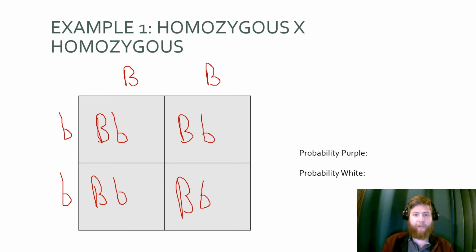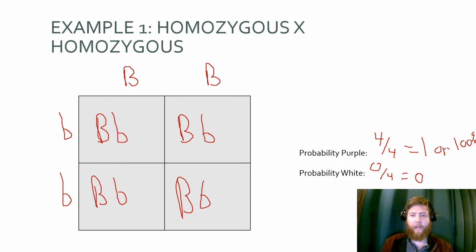So now we have our genotypes. We need to talk about our phenotypes. The probability of purple, we got 4 out of 4 purple plants here. So this equals a probability of 1, or you can think of it as 100%. All of these things say the same thing. For white, we got 0 out of 4, which equals 0 or 0%. So in this cross, we got no white. All of those offspring turned out to be purple in this cross.